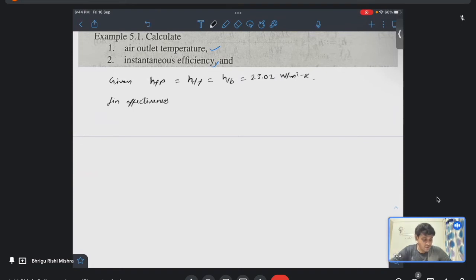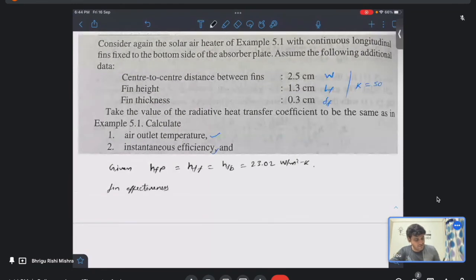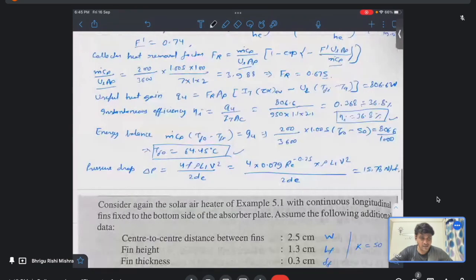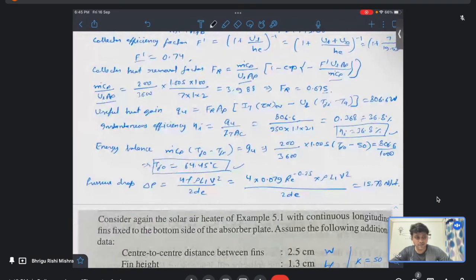Although in this example these values have been calculated, you have to assume the air temperature. For the earlier case we assumed that the mean air temperature is 55 degrees centigrade, and we saw that the outlet temperature is 64.45.